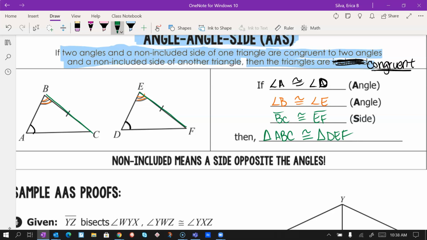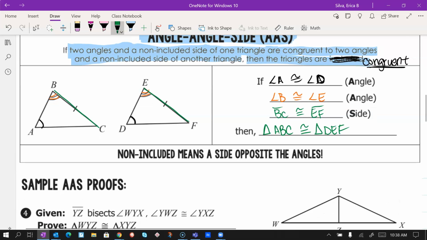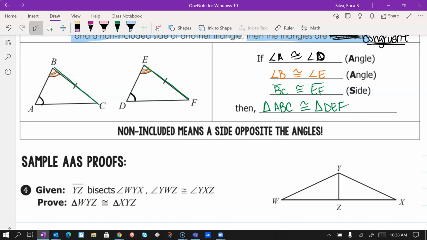So if you have two angles right next to each other and then a side congruent, then those two triangles are congruent by the angle, angle, side. Let's go ahead and prove this one really quick. So those of you at home, if you can start writing this part down, and I'll upload these notes as soon as we're done. So if you miss a little piece, don't worry, it'll be uploaded.